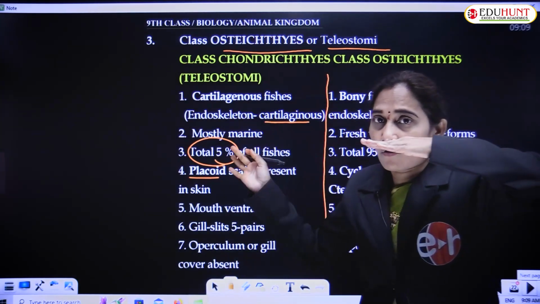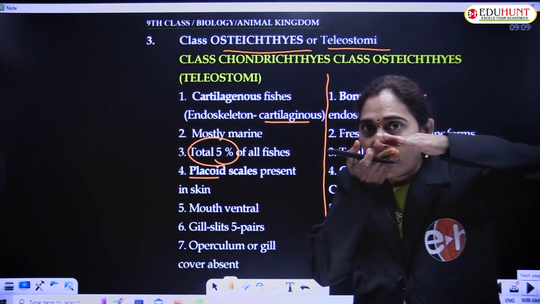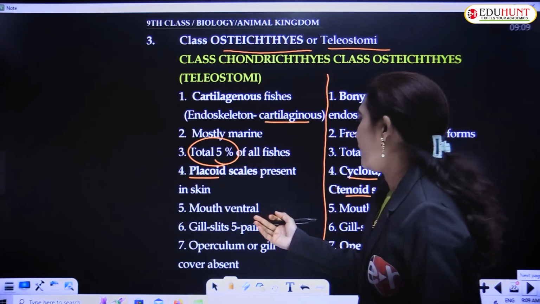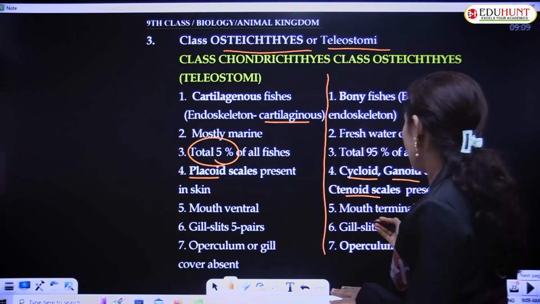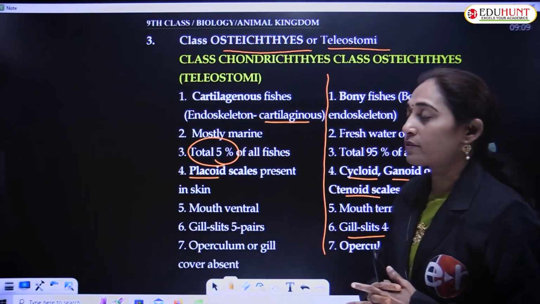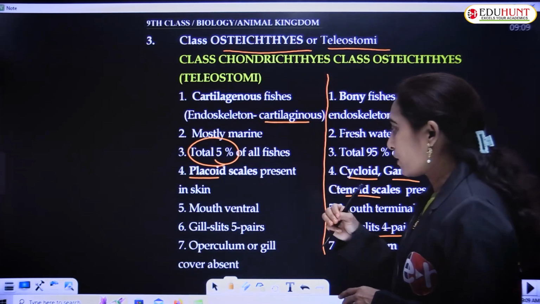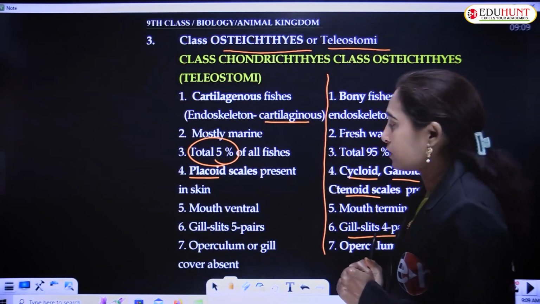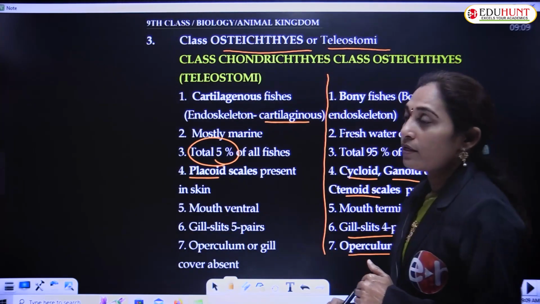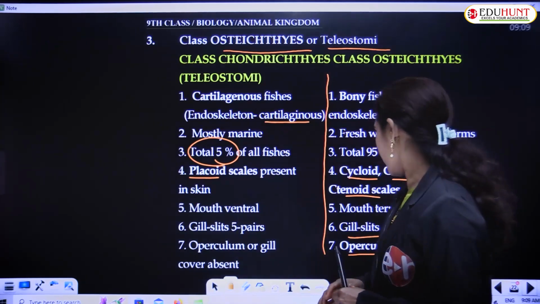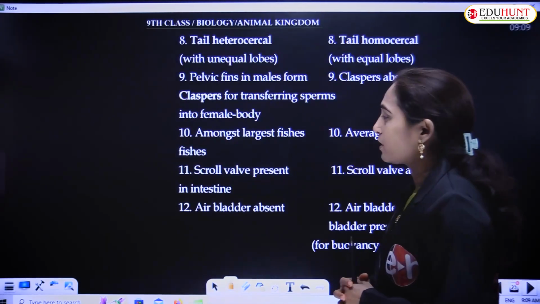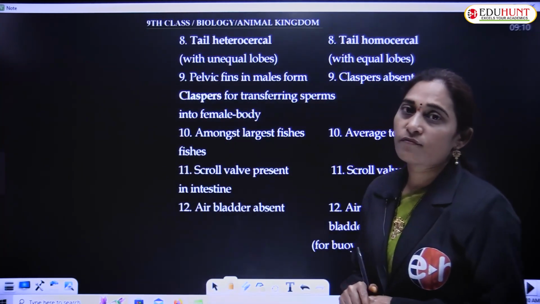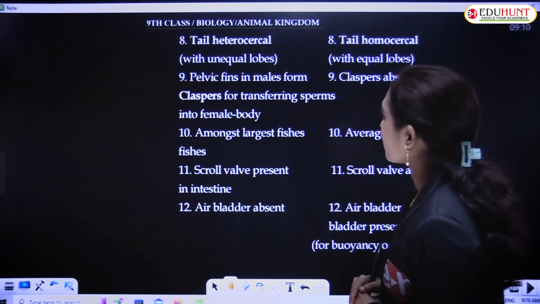But in case of Chondrichthyes, the mouth is ventrally situated. And gill slits are 5 pairs, and here these are 4 pairs. Operculum or gill cover is absent here, and here it is hard and operculum is present. These are the differentiating features of Chondrichthyes and Osteichthyes.